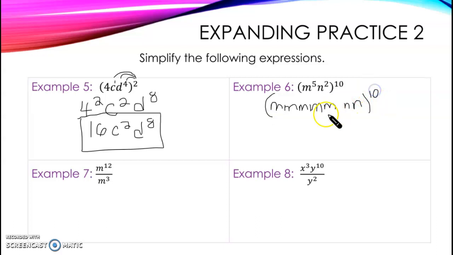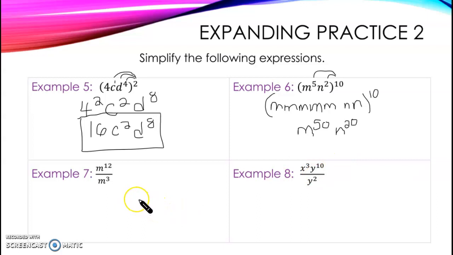So maybe we won't write this expanded out 10 times, but you'll know just using multiplication that you'll end up with 50 m's, because there's 5 here times 10. So m to the 50th power. And then these double n's are also going to be multiplied to have 10 more of them, and so that would be n to the 20th power. And that might be easier to think about if you are distributing that 10 there.